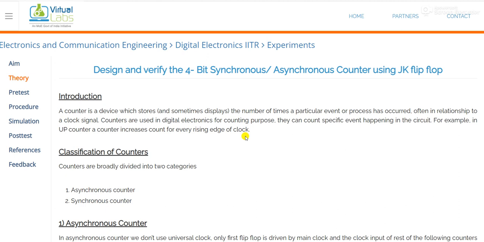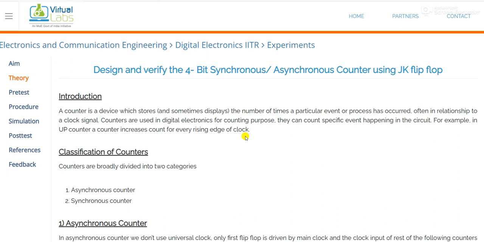So if I am interested to count a number, or the number of persons who are entering the room, so 1, 2, 3, 4, 5, 6, that is basically up counting. If we are interested to count in the reverse mode, like 9, 8, 7, 6, 5, 4, 3, 2, 1, so this is basically down counting.